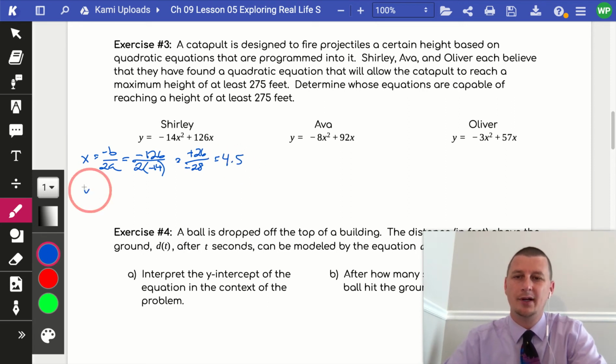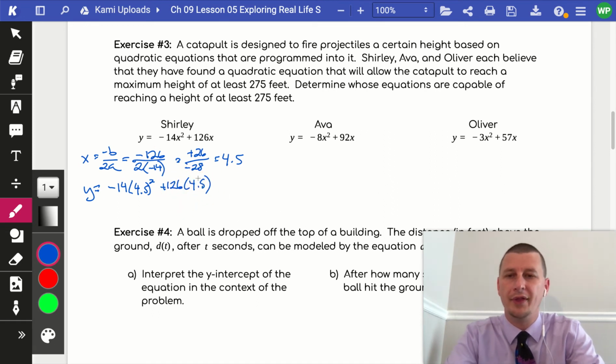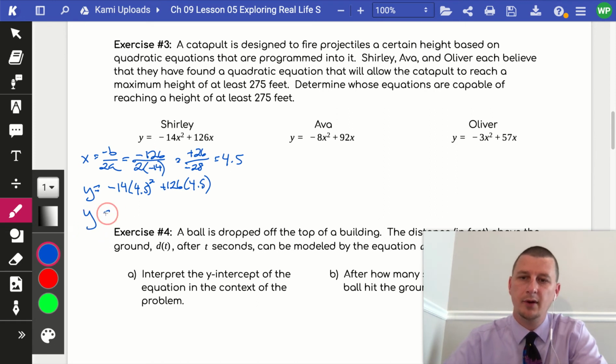So we're going to take that and substitute that 4.5 into the equation and get negative 14 times 4.5 squared plus 126 times 4.5. And we're just going to put that whole thing in our calculator. We're not going to waste any time here. We're going to put that entire thing in our calculator and we're going to get 283.5.